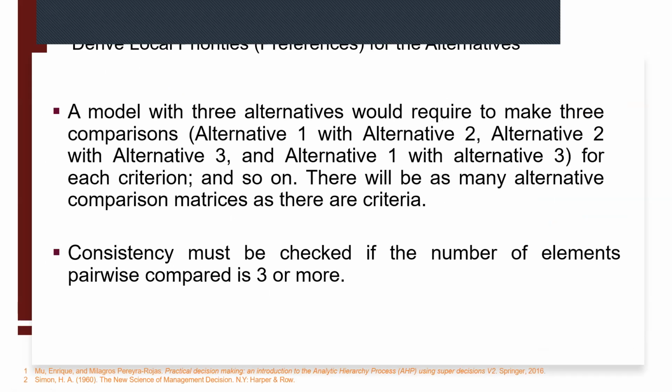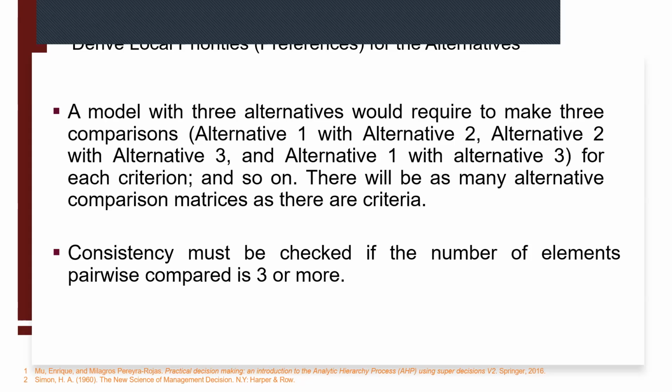If we have 3 alternatives, it becomes complicated because we have to compare alternative 1 with alternative 2, then alternative 2 with alternative 3, and then 3 with alternative 1. That will create a more complex matrix. But for this, I only did 2 alternatives.